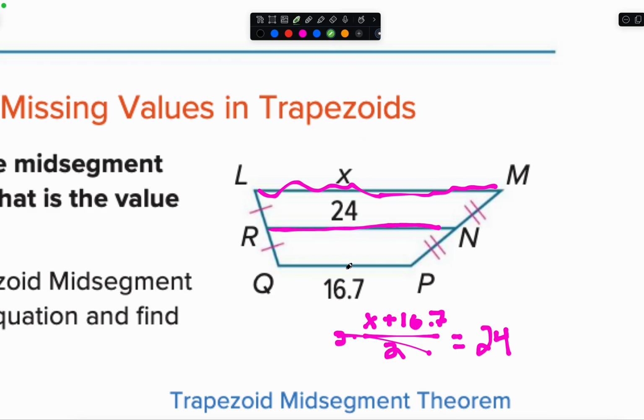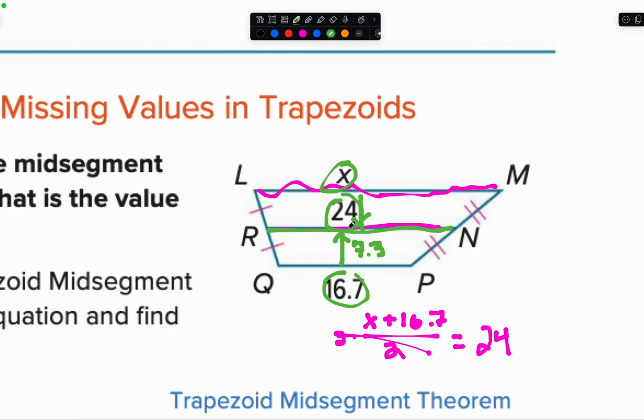I'm going to say that 24, this length right here, has to be exactly the midpoint or the average, exactly in the middle of those two numbers, right? So how far apart are 24 and 16.7? If I subtract them, 24 minus 16.7 is 7.3, right? So I know that whatever this number is, 24 has to be 7.3 away from that.